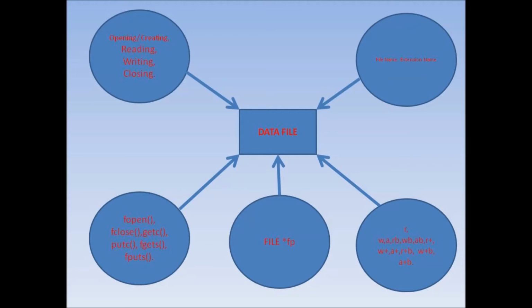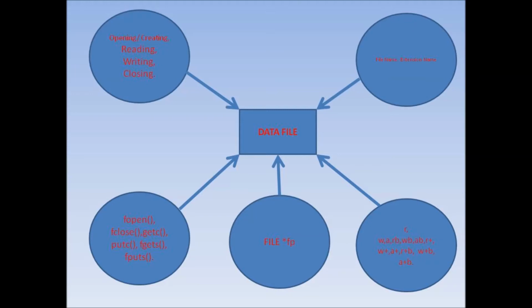The fopen function is also used to open an existing file. So we may open any existing file for any type of action, like we may modify some information there, or we may add some new information there. Whatever action we are going to perform on a file, that file should be opened first.